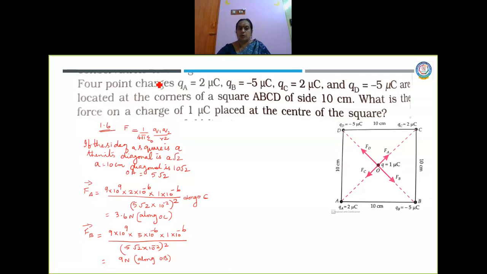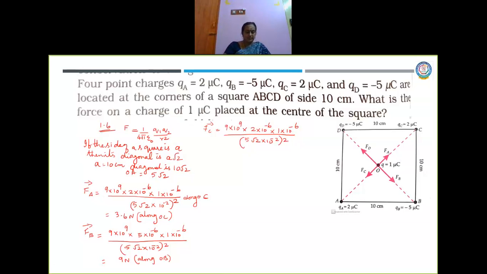Now next we'll move on to FC. It's very easy. The only thing is you have to simplify. FC is equal to, again it is 9 into 10 power 9. What is the charge at C, children? Again it is 2 into 10 power minus 6 into 1 into 10 power minus 6 divided by 5 root 2 into 10 power minus 2, the whole square.